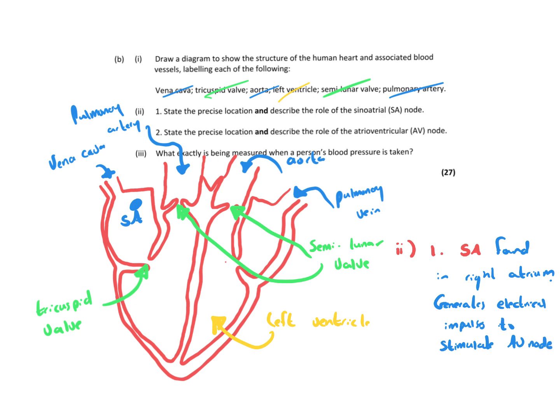So the AV node then, part 2, I'll do that over here. That's in the septum, and it's near the tricuspid valve. You could also say between the right atrium and the right ventricle, but it's just in here.